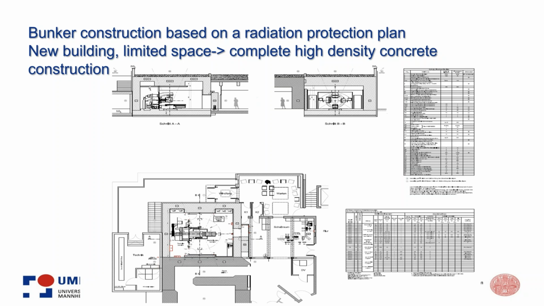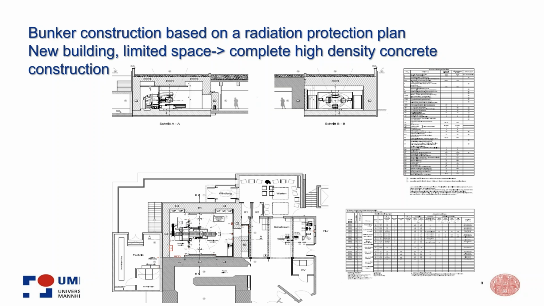What you see here, at the bottom of the slide, is a maze-less bunker, and you see in the front the door is a massive door. The door has nearly the same dimension as the secondary barrier, so this is a very heavy door.